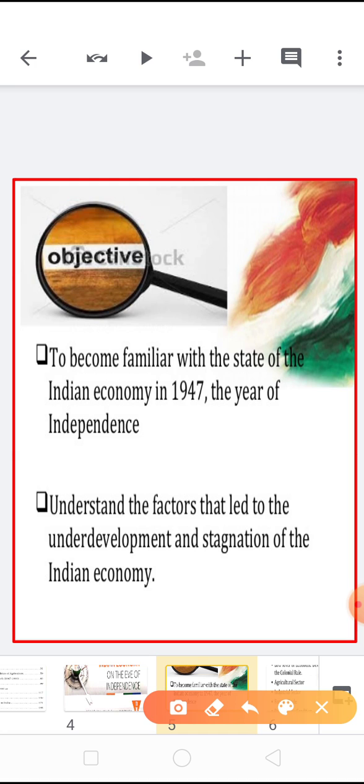Children, the main objective of this book, Indian Economic Development, is to make you familiarize with the basic features of the Indian economy and its process of development.